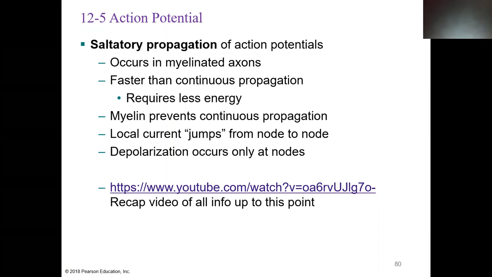So you're going to be able to get to the end a whole lot faster because you can jump from node to node. Whenever you are looking at saltatory, keep in mind it's only saltatory if that axon has been myelinated, because that's the only way it'll be able to jump, is if that myelin is actually there.